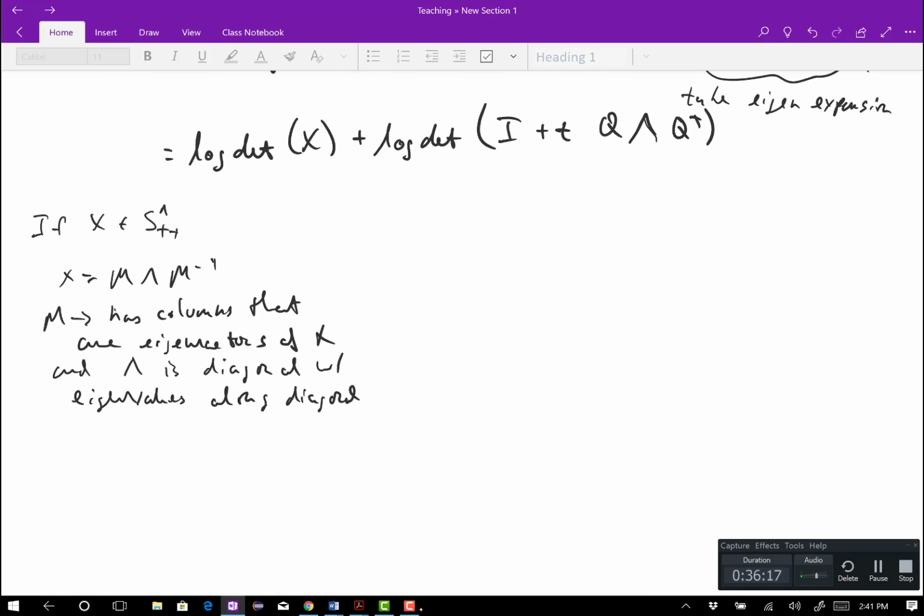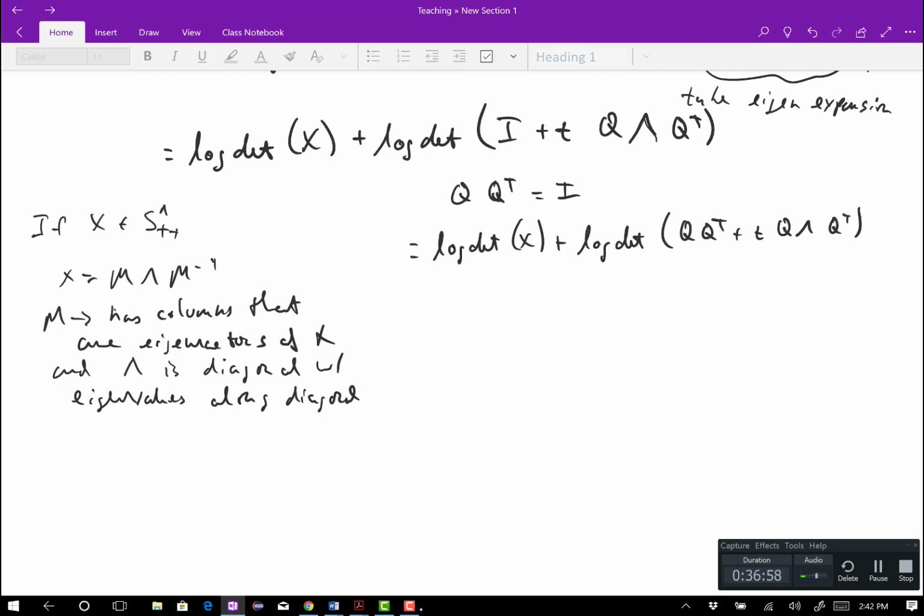Okay, and I can write, notice that Q transpose, because of the same property that I just discussed, that the transpose of Q is its inverse because it is an orthogonal matrix, then Q transpose Q equals I, so I can rewrite this as log det X plus log det of Q transpose times I plus t Q lambda Q transpose.